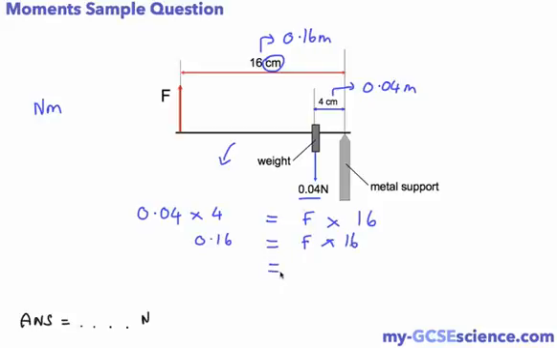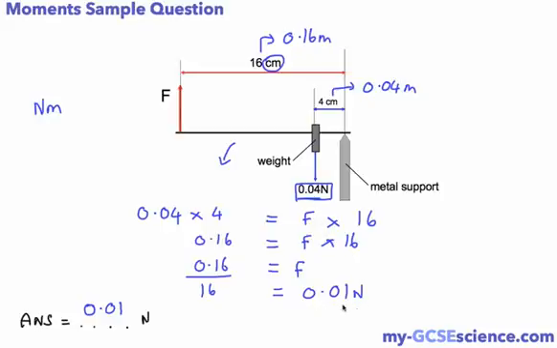Over this side we have force times 16. If we rearrange the formula, we have 0.16 divided by 16 equals the force, and that answer equals 0.01 newtons. So our answer that goes in our space over here is 0.01 newtons, and if you look, it's of the magnitude of the scale of our force that we have over here already, so that makes us think that this is in the right ballpark.